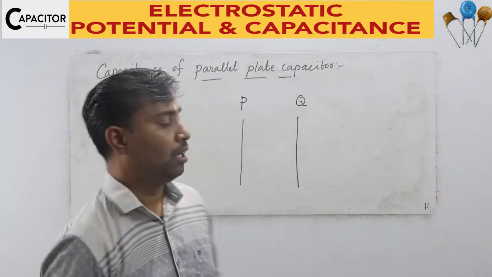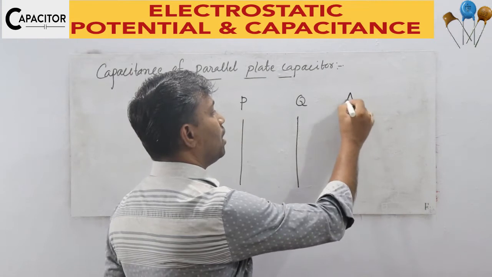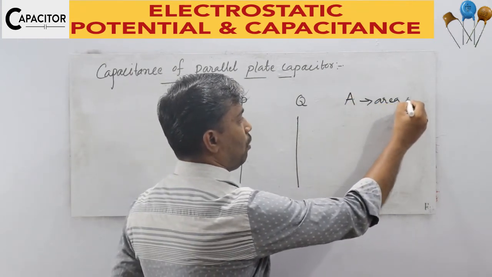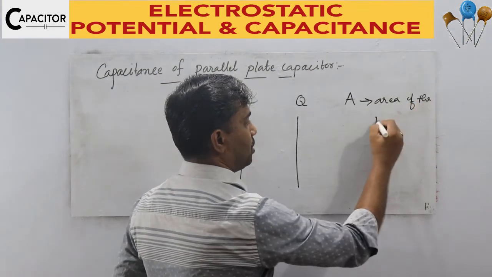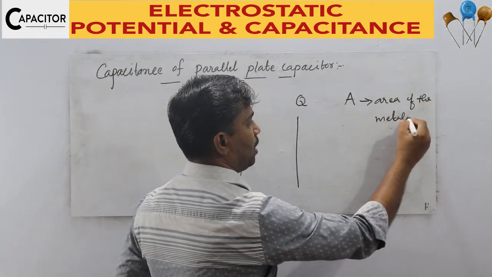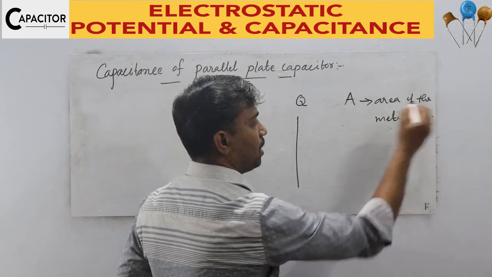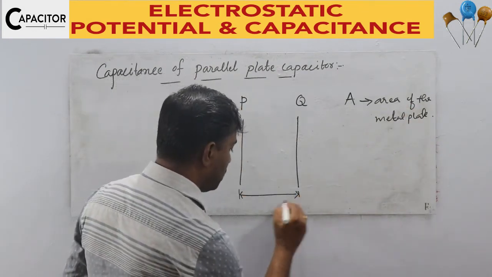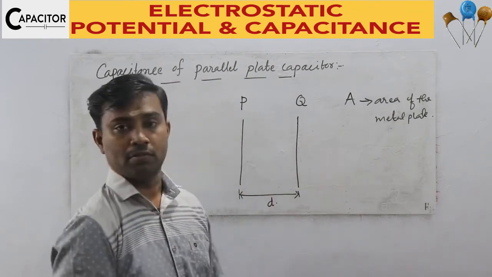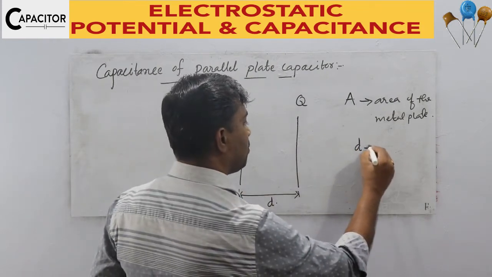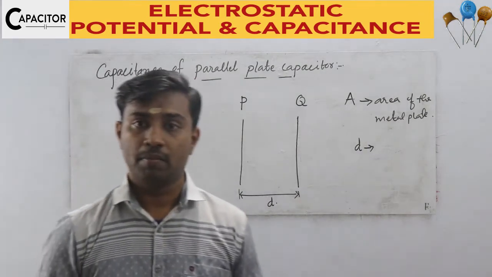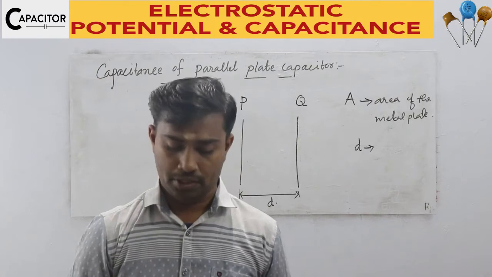Capital A is the area of cross section, the area of the metal plate. And small letter d is the separation between the two plates.